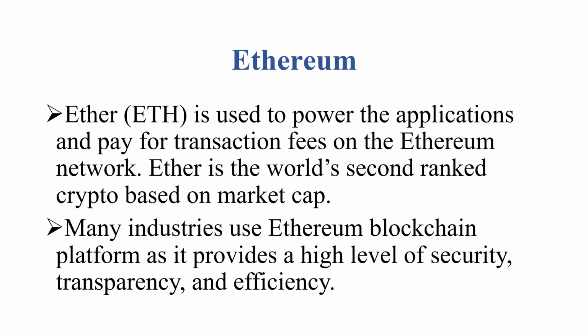On the Ethereum network, Ether is used to power the applications and pay for transactions. So invariably, Ether is the world's second-ranked crypto based on market cap next to Bitcoin. Many industries use the Ethereum blockchain platform as it provides a high level of security, transparency, and efficiency.